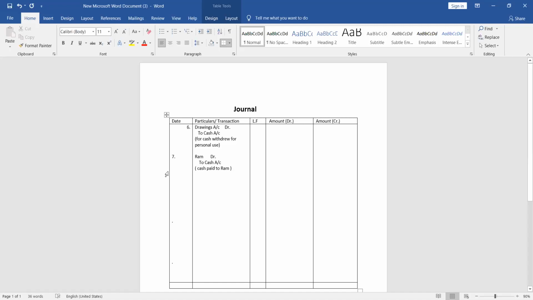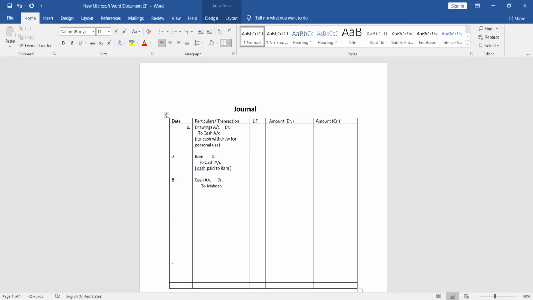Next, entry number 8 can be amount received from Mahesh. Debit what comes in? Cash is coming to the business, so cash account will be debit. Cash account debit to Mahesh.